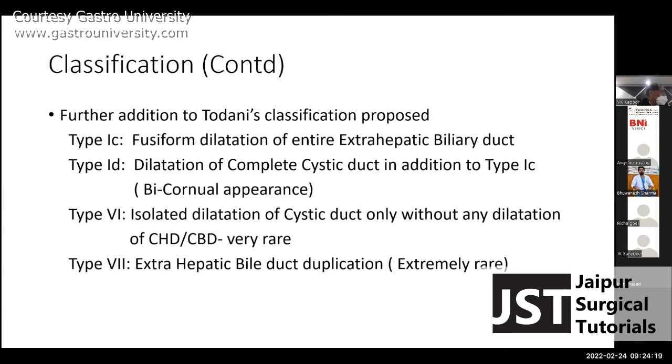It is CORNAL, not U. And then type 6 is an isolated dilatation of cystic duct only without any involvement of either CHD or CBD. This is a very rare anomaly. And then the type 7, it's an extrahepatic bile duct duplication, and this is extremely rare.